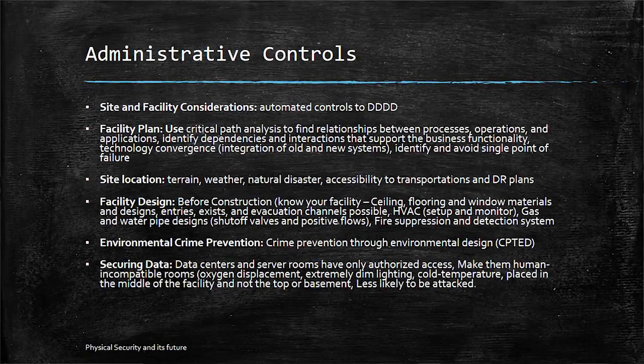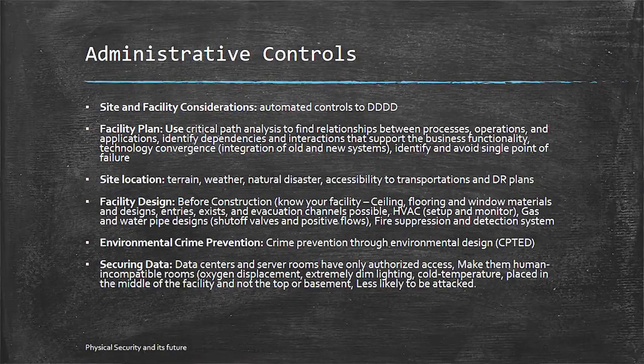For the facility plan, again you look at what kind of setup or facility is there, and what is the risk profile of each of those areas of that facility, right? You identify the critical path analysis to find the relationship between these places, the processes involved in securing, the operations involved in these activities, the applications, identification of entities, and the commodities that go in, besides the people who walk into the place, that support the business functionalities.